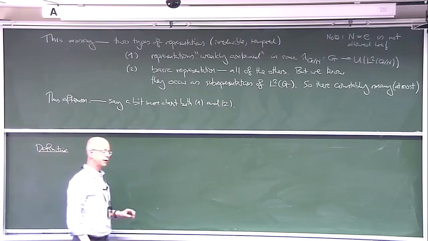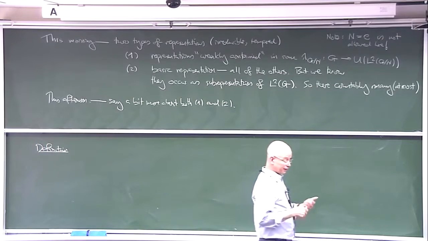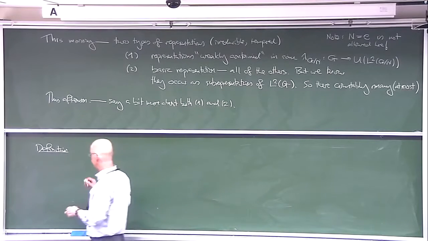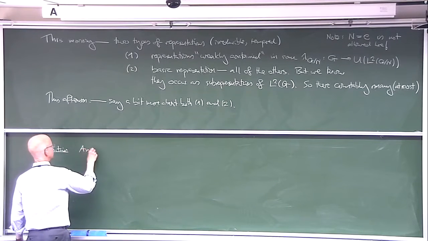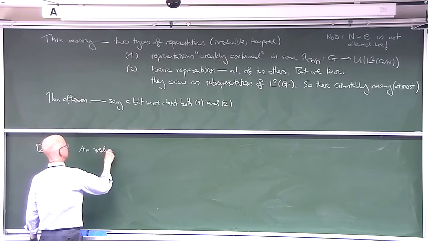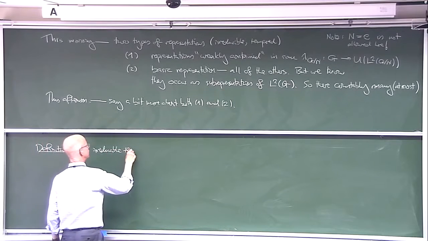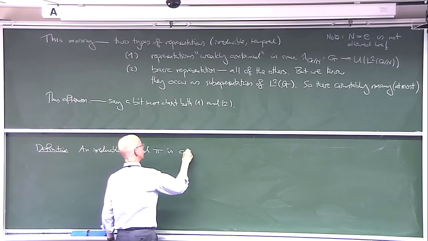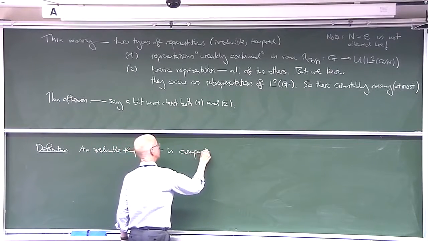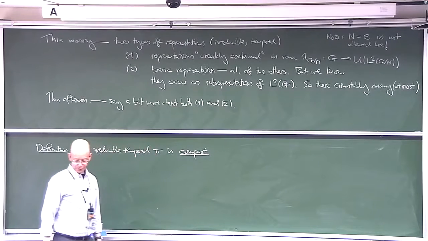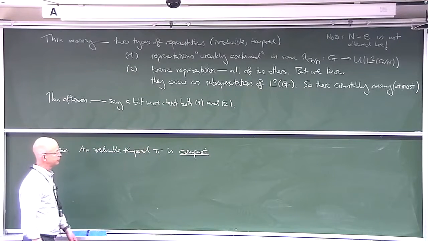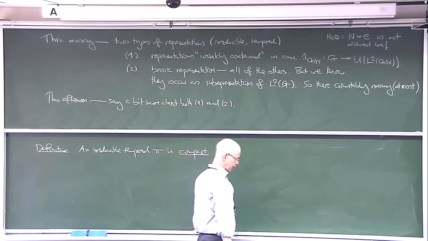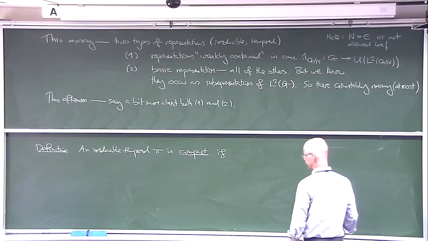Here's another definition which involves representations and compact Hilbert space operators and so on. I'll say that an irreducible tempered unitary representation pi, I'll say it's compact. You'll see why very soon. And here's what I should like to say.